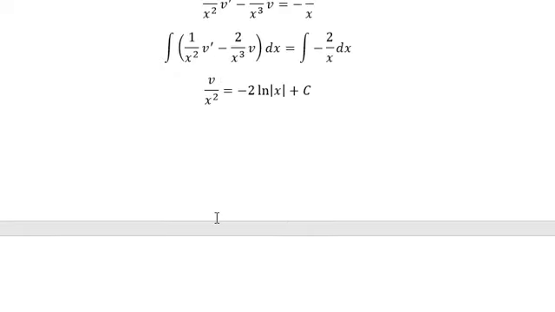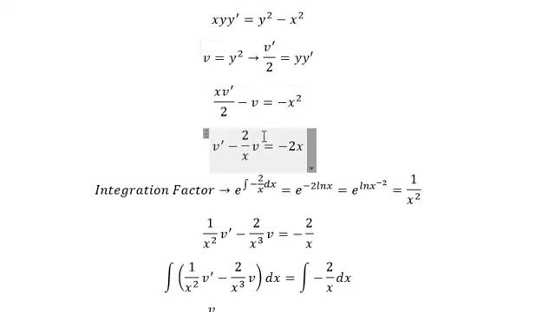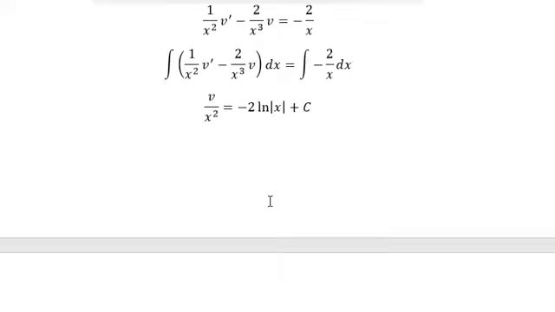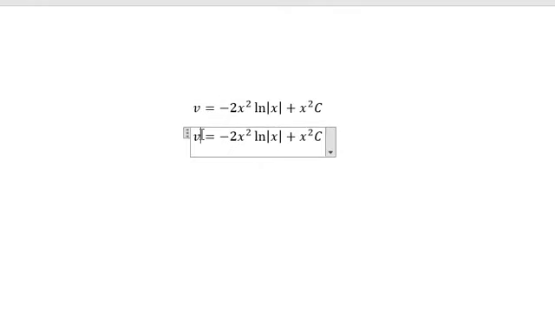About v, we get this one. Later, we take the square root of both sides.